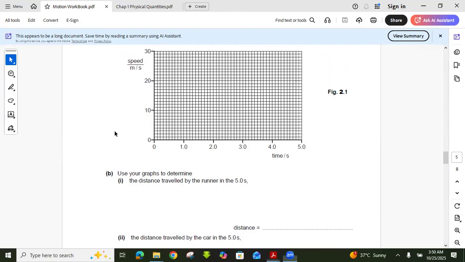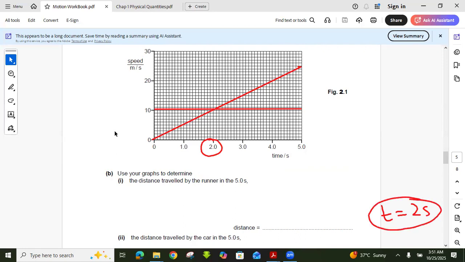Let's make it again. 10, and then you have 25, till this point, so straight lines. So the point of intersection is 2. So the time here is 2 seconds. This is the correct time where they both intersect, they both cross each other.